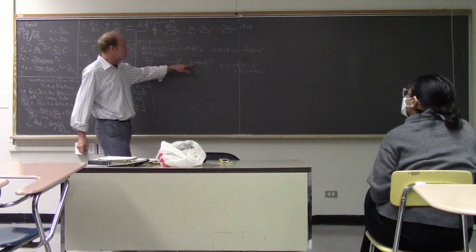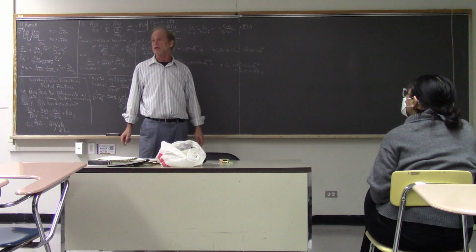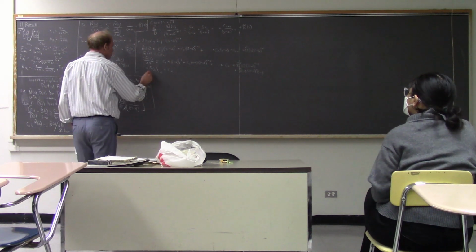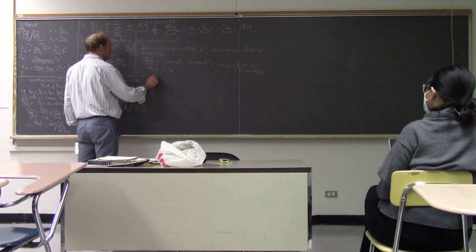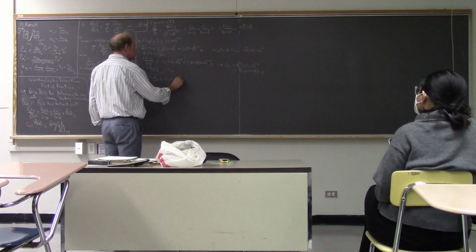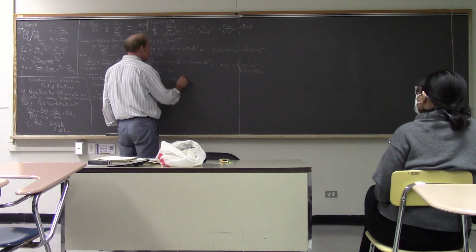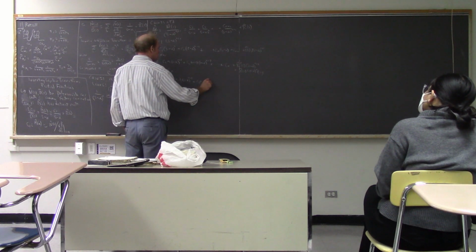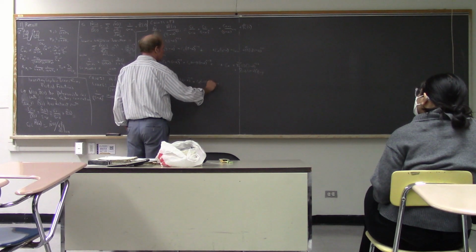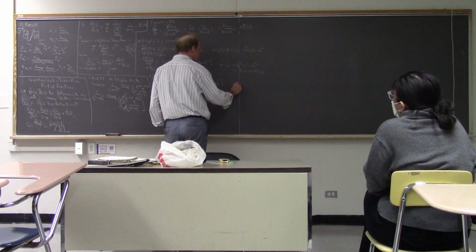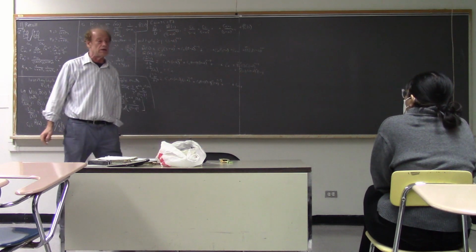Because all these other guys have factors of s minus alpha in them. So when I set s equal to alpha, that's 0. How about the next one? d squared m tilde over ds squared. That's C1 n(n minus 1)(s minus alpha)^(n minus 2), plus C2 (n minus 1)(n minus 2)(s minus alpha)^(n minus 3), plus dot dot dot, plus C(n minus 1), that's going to be the 1.